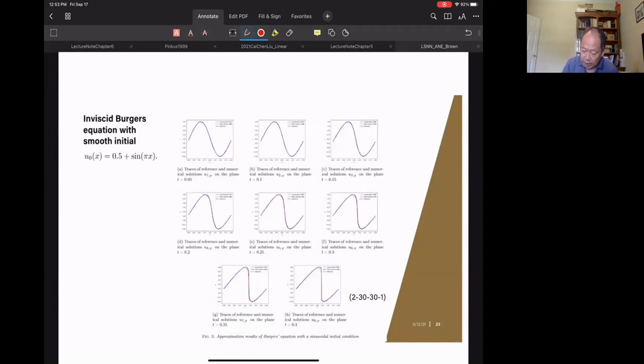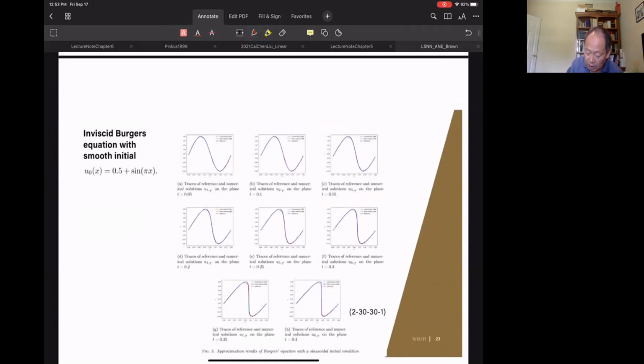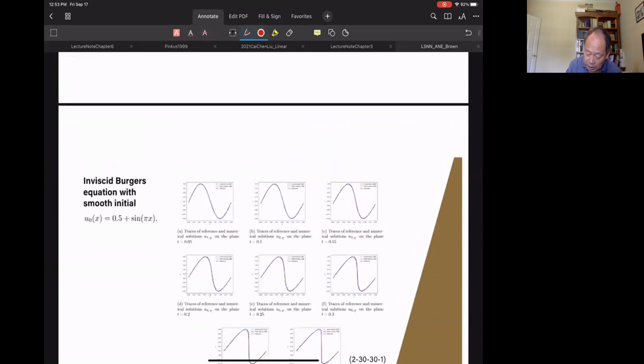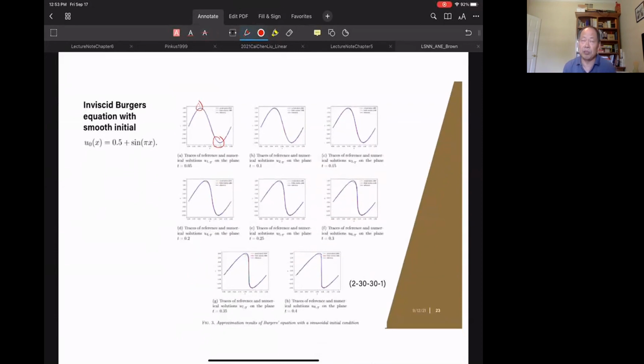In the minimum and maximum parts, it usually does not approximate well. Our new schemes can approximate extremely well. Because the solution is much more complicated, the size of the network is much bigger, 30 by 30.